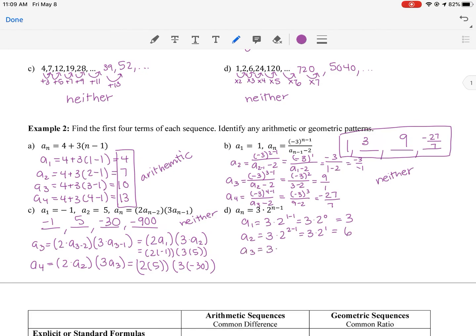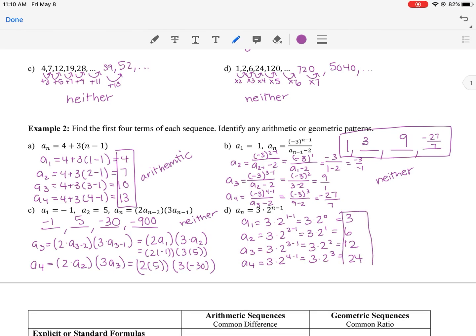Our third term, 3 times 2 to the 3 minus 1, so 3 times 2 to the second, so we do 3 times 4 is 12. And the fourth term, 3 times 2 to the 4 minus 1 equals 3 times 2 to the third, which equals 3 times 8, which is 24.